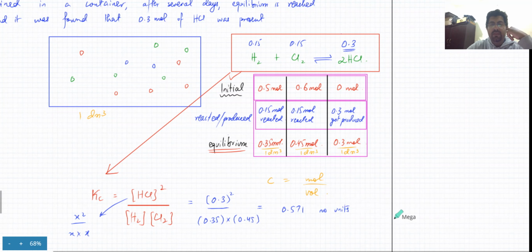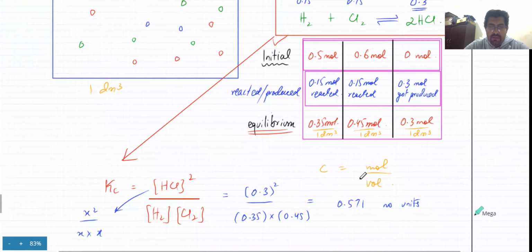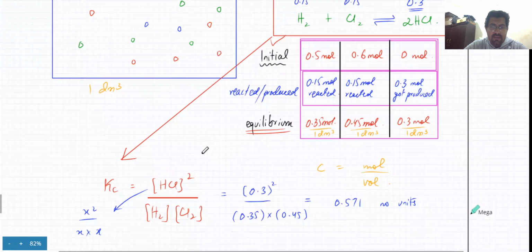Now, one thing about this, and this only applies when there are no units. Like in this last step, I told you that Kc deals in concentration, not in moles.